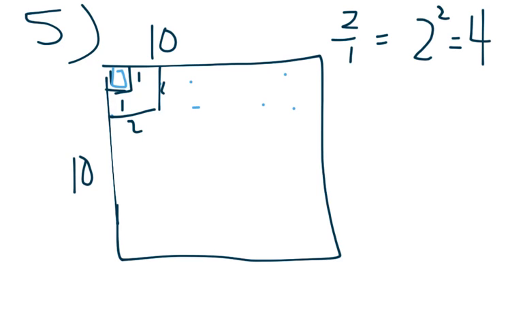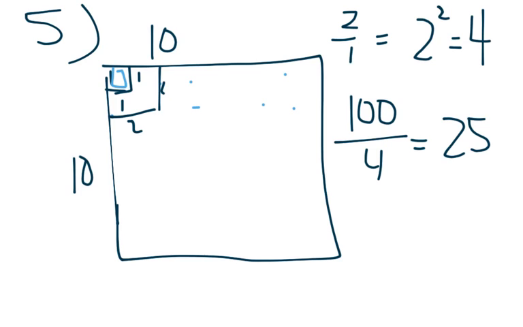That means we need 4 times fewer tiles than we used to need with the 1-foot tiles. So 100 divided by 4 is 25. Now instead of needing 100 1-square-foot tiles, we only need 25 tiles that are 2 feet by 2 feet. So that is number 5.